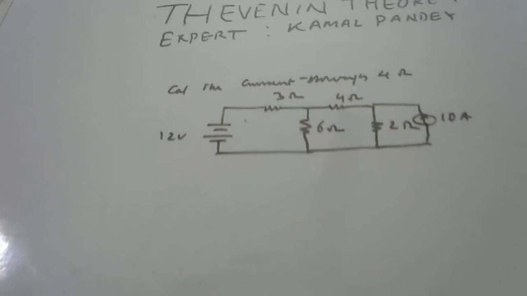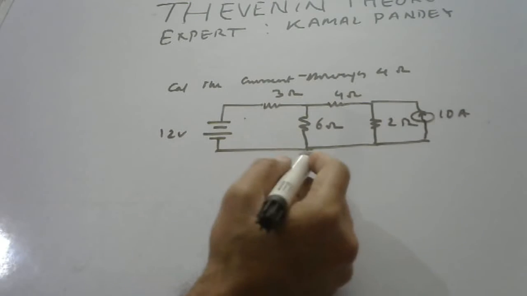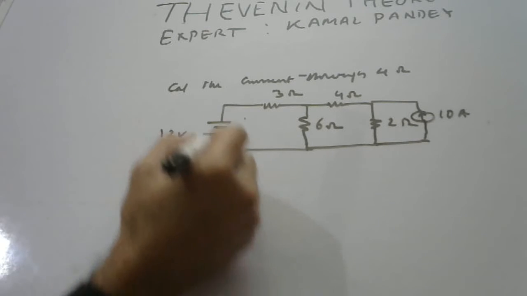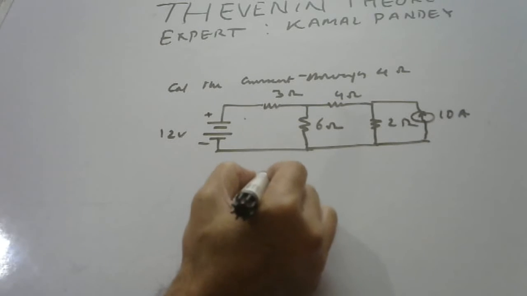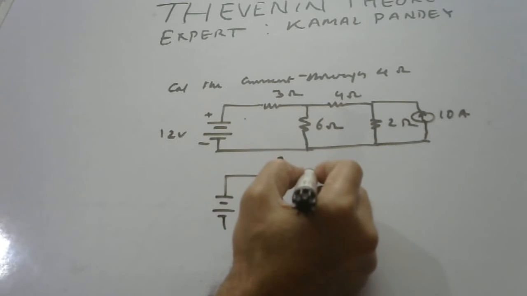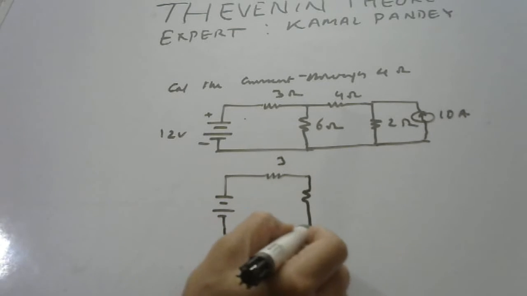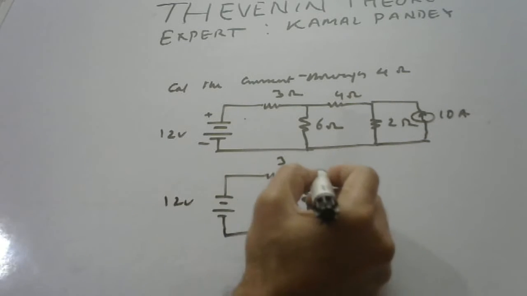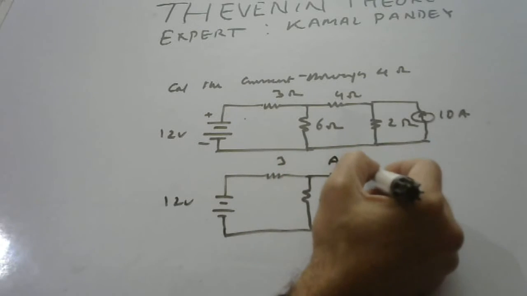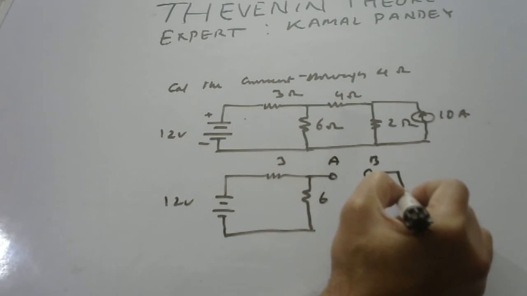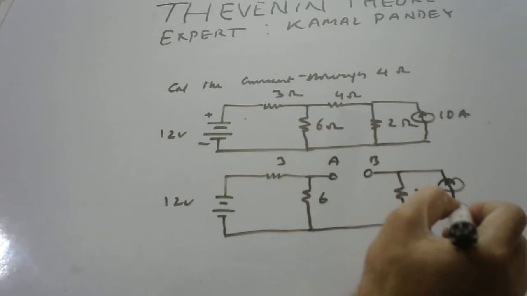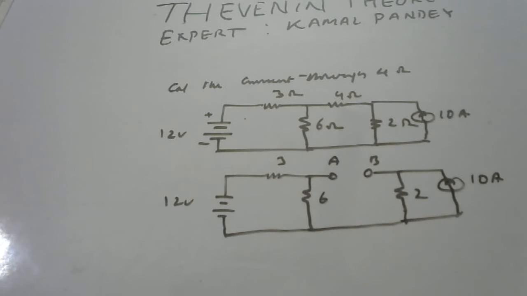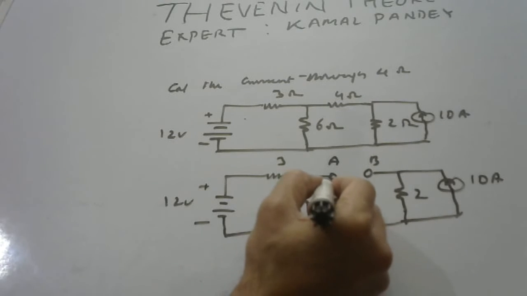First of all, we try to calculate the voltage. First we remove the load. We remove the load first. 3 ohm, this is 6 ohm, 12 volt. Let us mark A and B. This is the resistance we have, 2 ohm, and here is the current source of 10 ampere. We calculate the voltage.